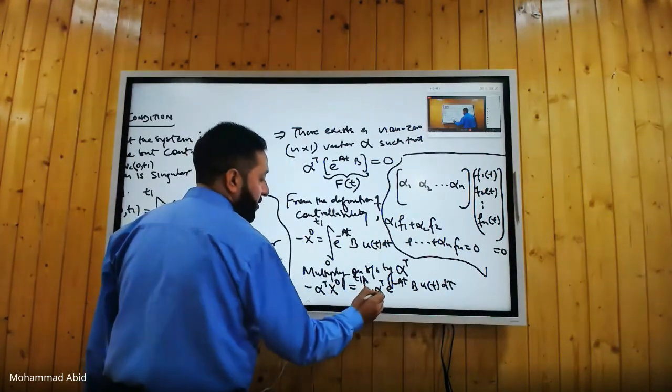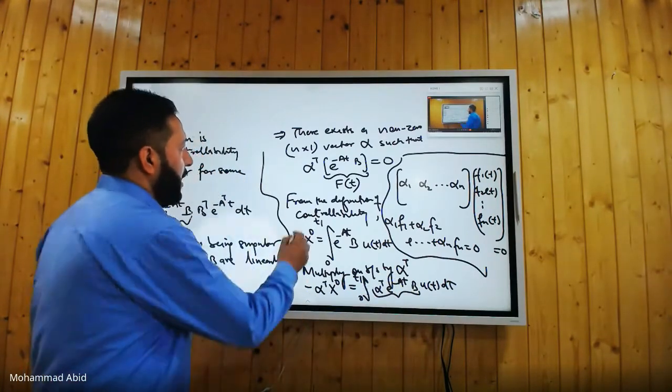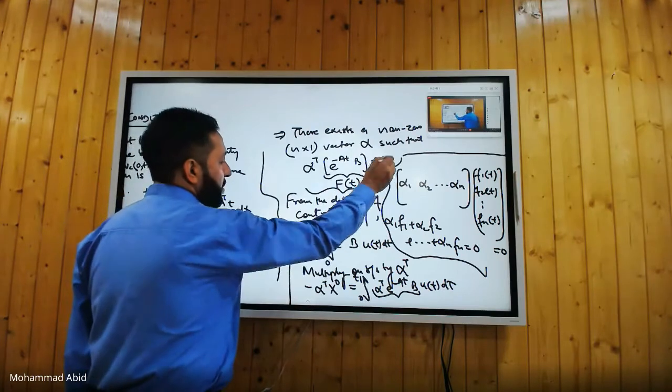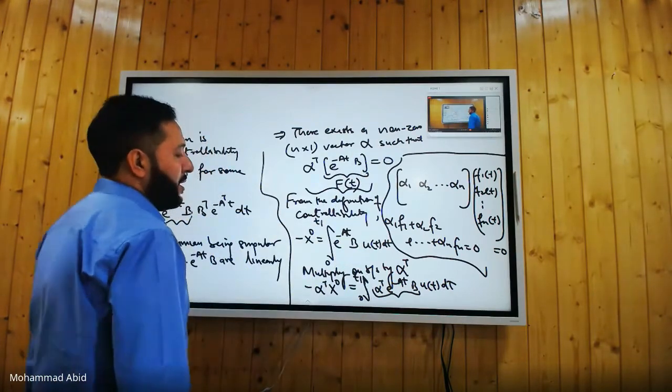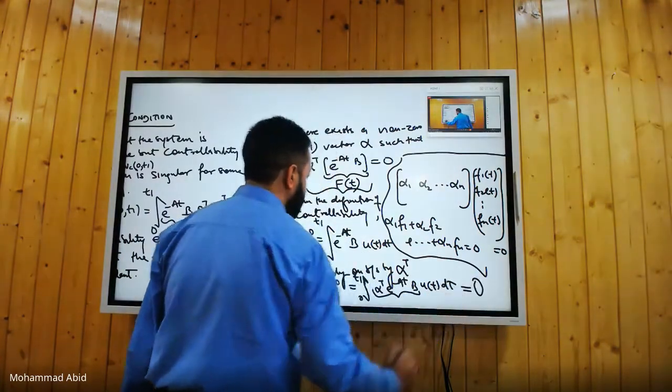Now what is alpha transpose e to the power minus At B equal to? This is equal to 0.